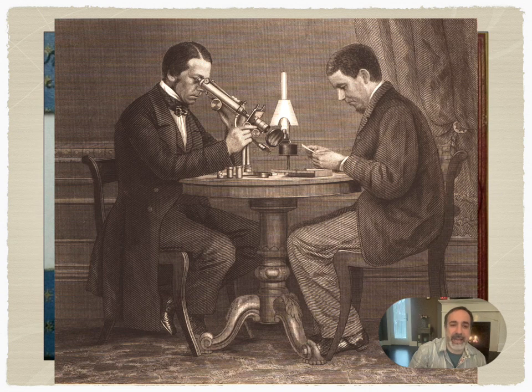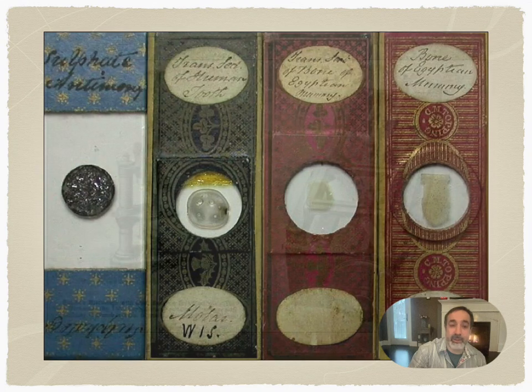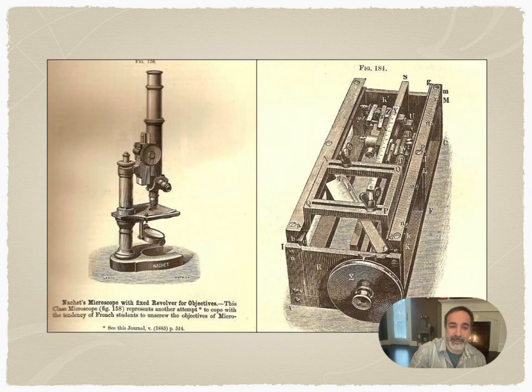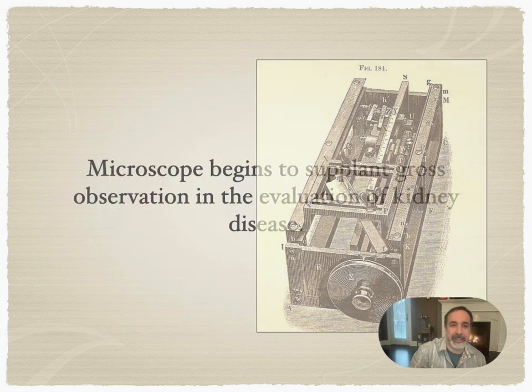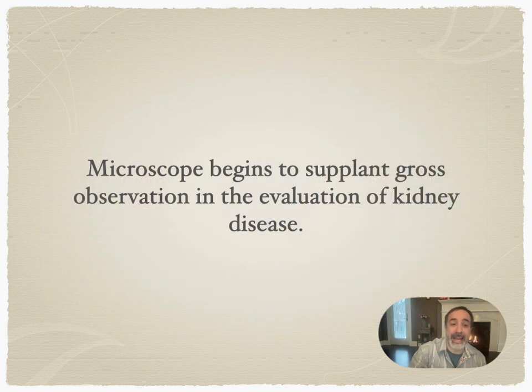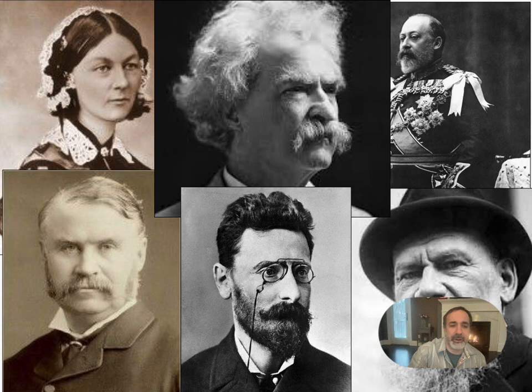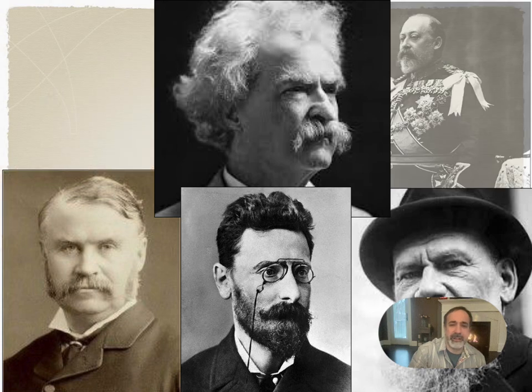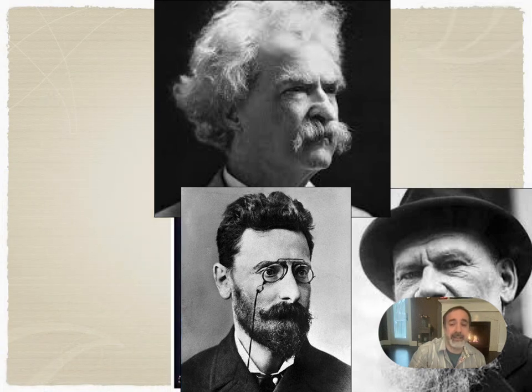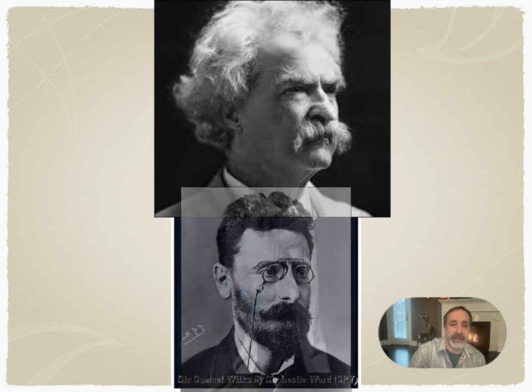And contemporary etchings of scientists like this, looking at slides like this, with equipment like this, were emblematic of the fact that finally, by the turn of the century, the microscope begins to supplant gross observation in the evaluation of kidney diseases. By the year 1911, many of the most iconic figures of the 19th century, political, literary, artistic, and scientific, were dying away.